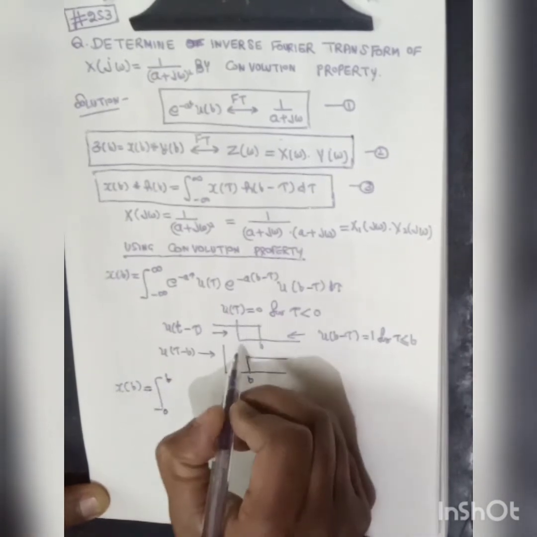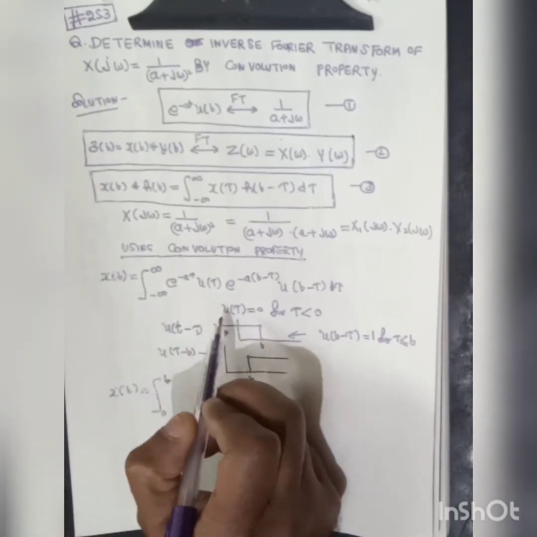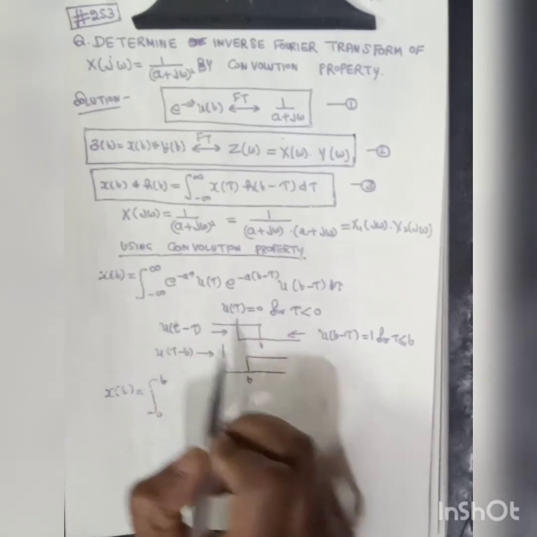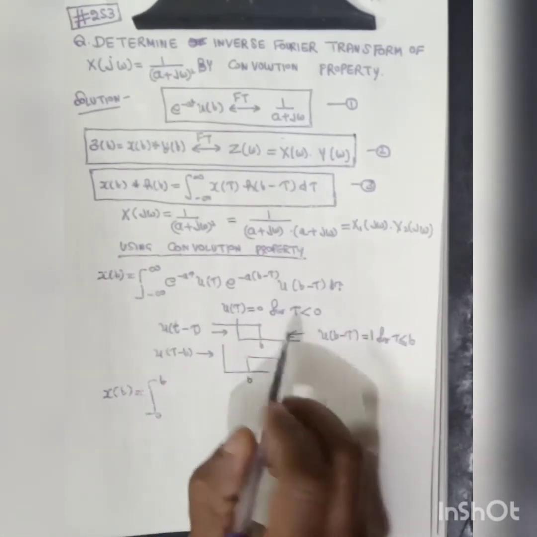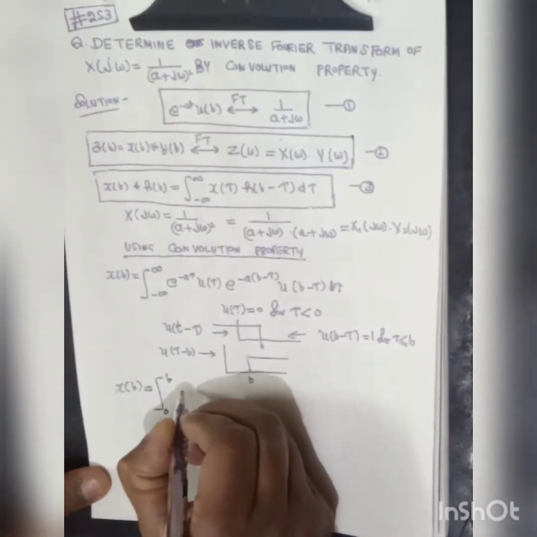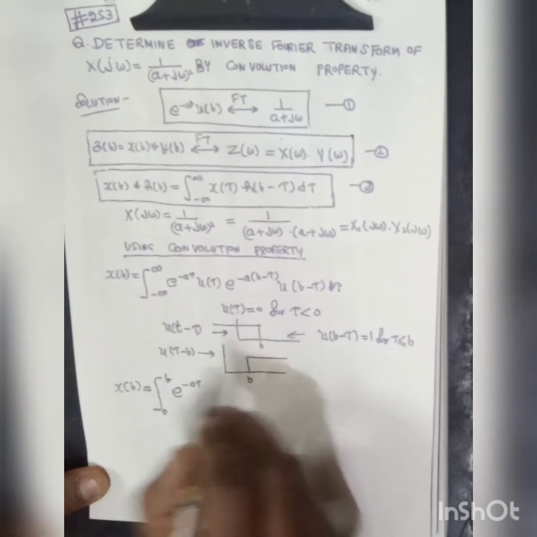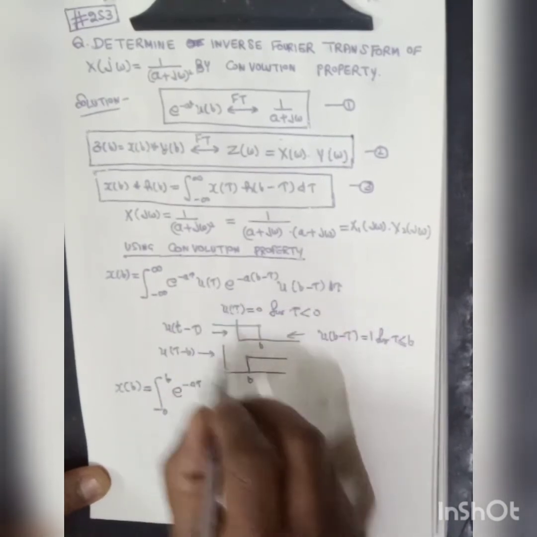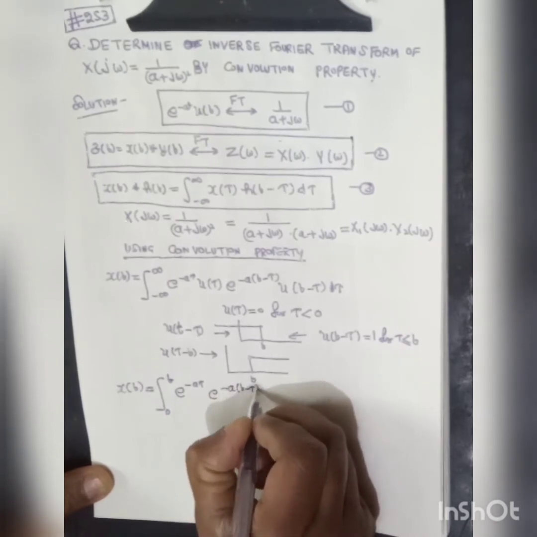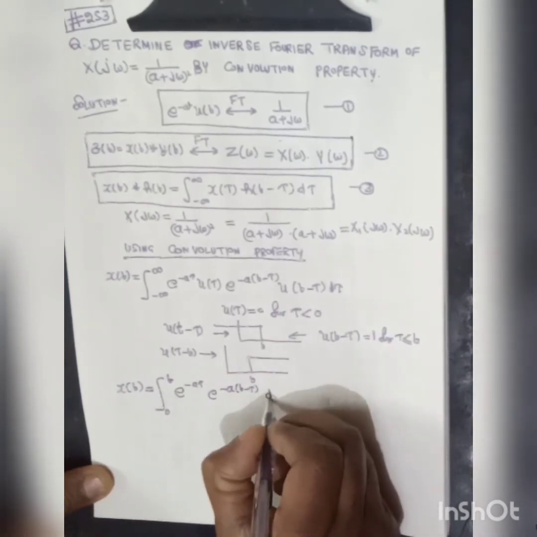This signal is multiplied by u(tau), which is 0 when tau is less than 0. So the limit we can change from 0 to t. It will be e to the power minus a tau, u(tau) will be 1 so it can be omitted, and next e to the power minus a(t minus tau), and u(t minus tau) will be 1 in this limit 0 to t, with d tau.